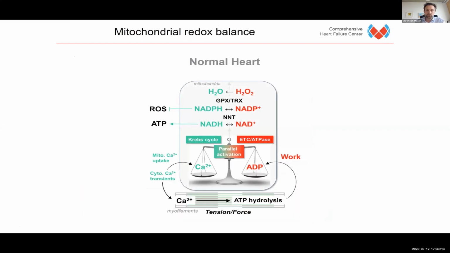So the conclusion from all of this is that in the normal heart, we have a very well maintained balance of anti- and pro-oxidative pyridine nucleotides and antioxidative capacity. Everything is in balance because calcium, by its parallel activation, activates ATP consumption, but also regeneration.